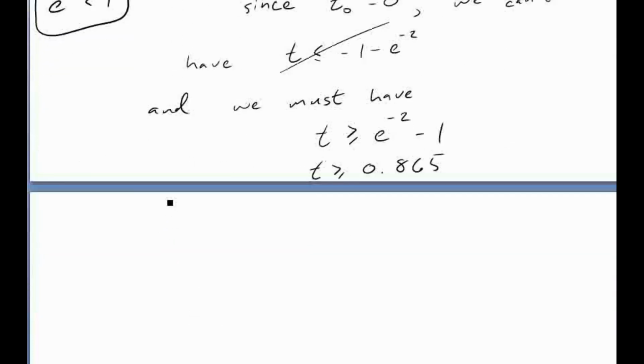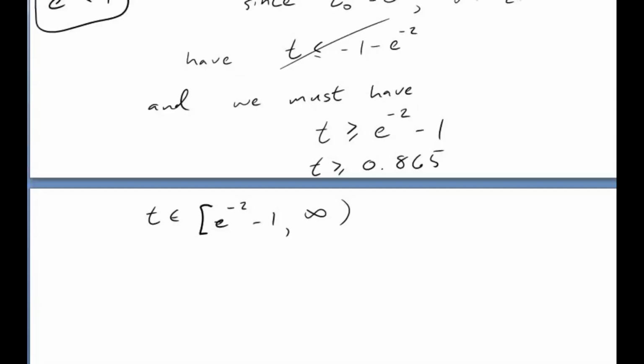So then the interval of existence is the open-ended interval that goes from e to the -2 - 1 to infinity.